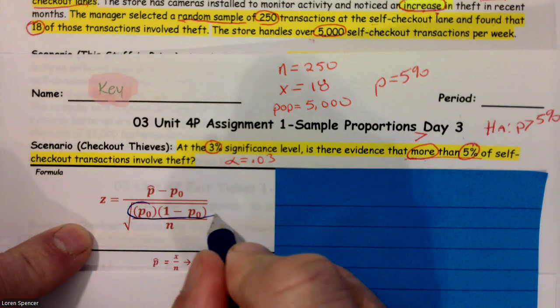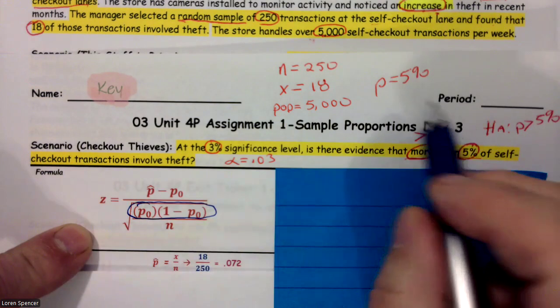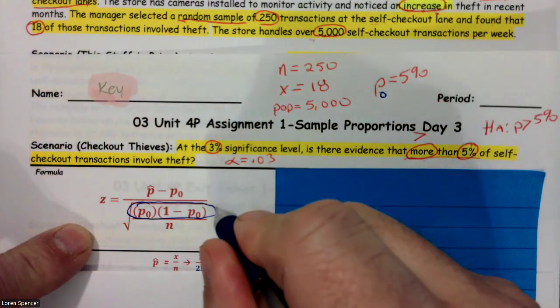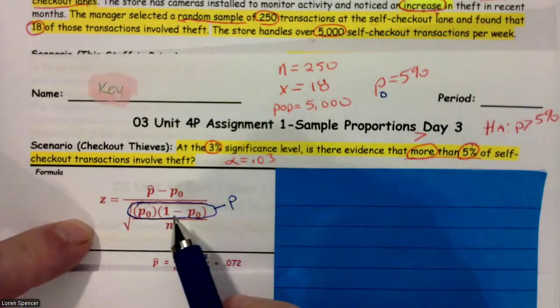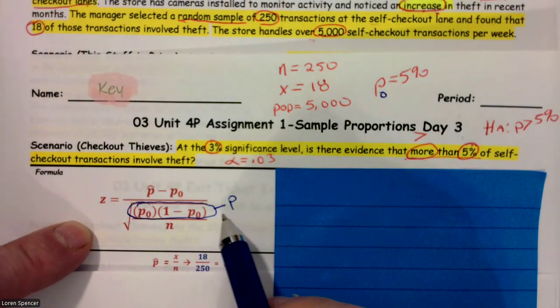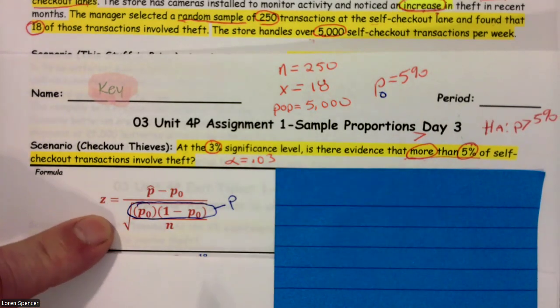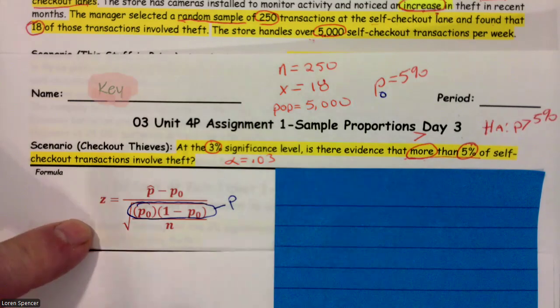When we're working with a hypothesis test, we are using the claim, we're using the p0 or the population proportion. So please make sure that you note that when we're running a hypothesis test, we're using p for our standard deviation. When we're running a confidence interval, we're going to use p hat.